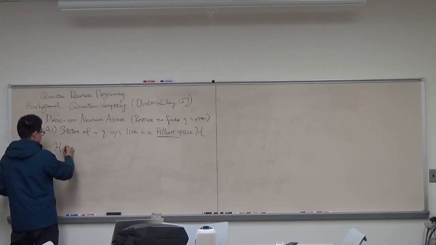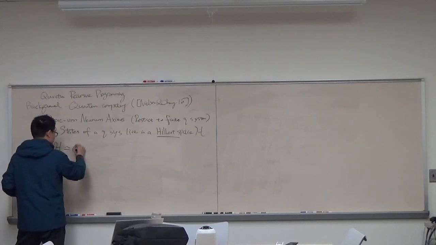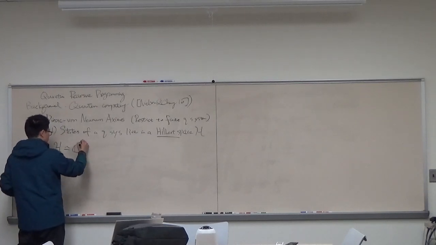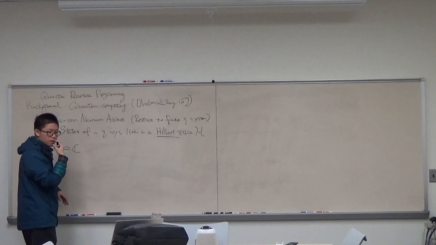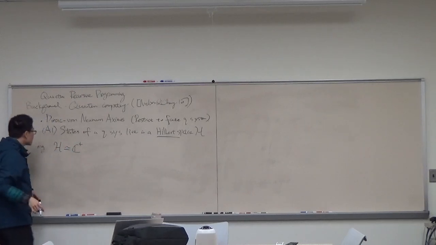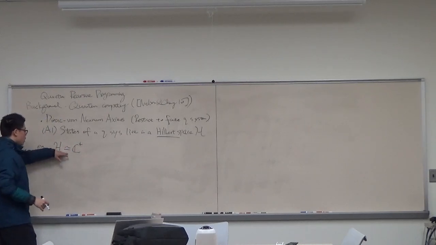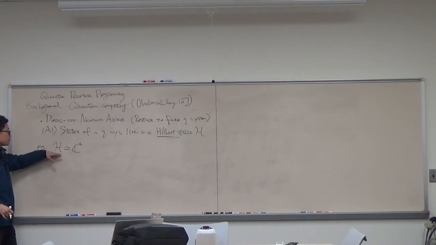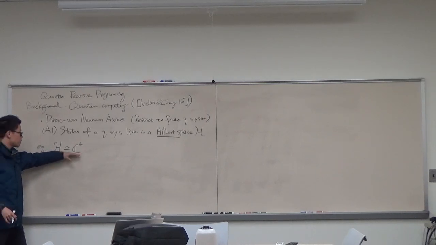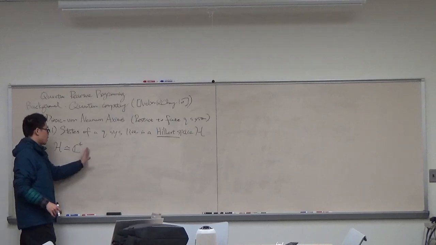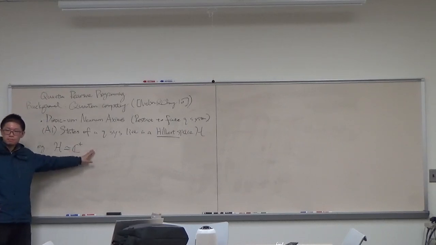H. It is like 4 dimensional, for example. So this means each vector in this Hilbert space can be represented by a complex vector of 4 dimensions.